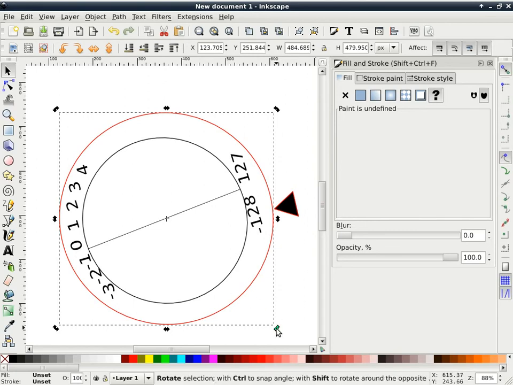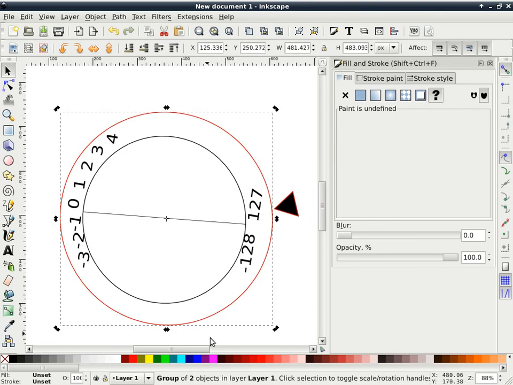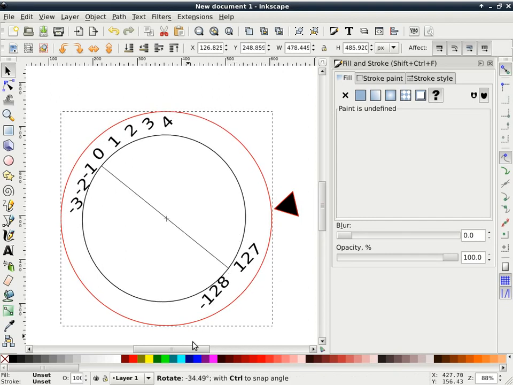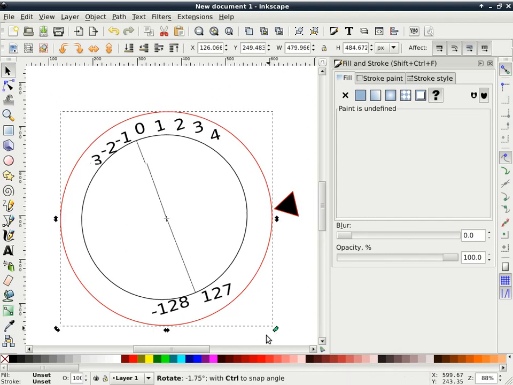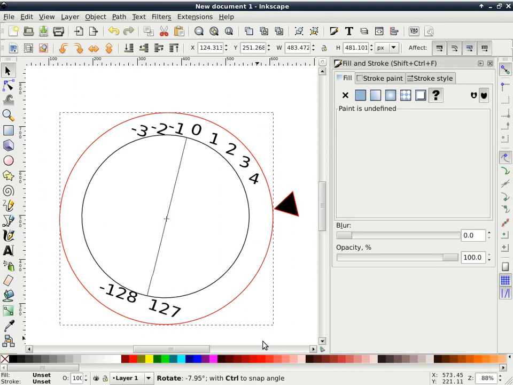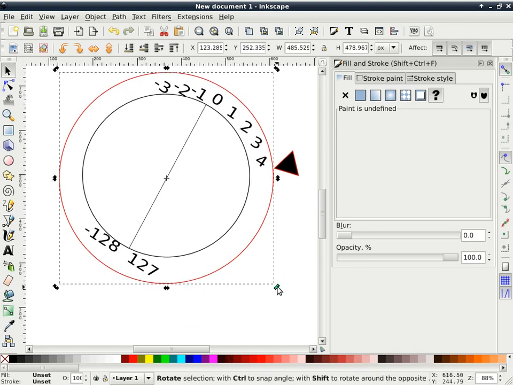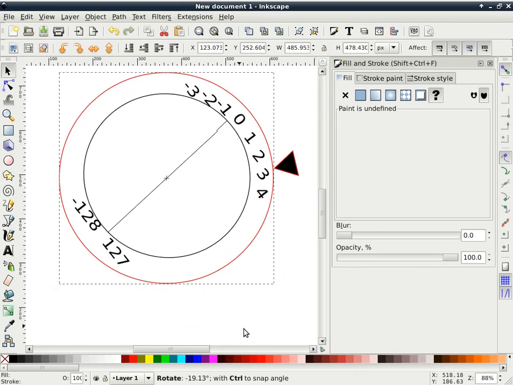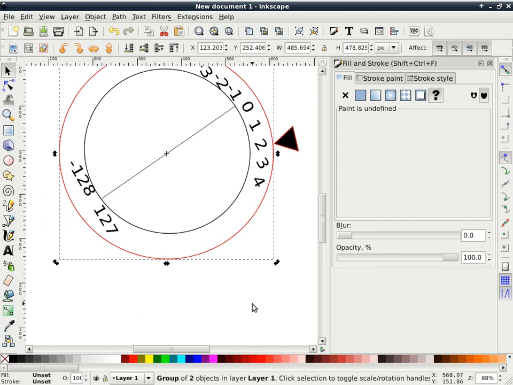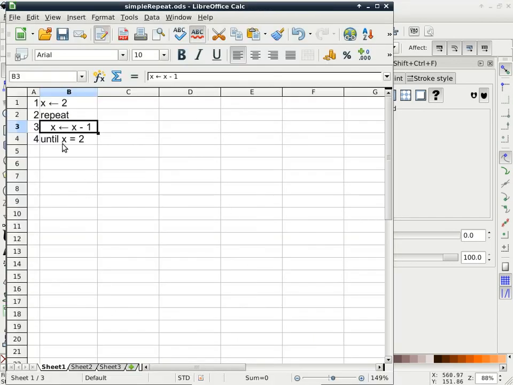But this time when I subtract 1, it becomes the most positive value that I can represent, which is 127. And then it becomes 126, 125, and so on. At some point it will go back to 4, 3, 2, and then the algorithm will ask the question, does x equal 2?